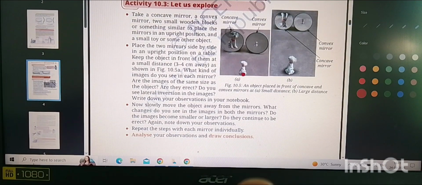In the case of a concave mirror, at a shorter distance it will produce an enlarged image, and at a far distance the concave mirror will produce an inverted image. And in the case of a convex mirror, it will produce a diminished image. That is, the size of the image will be reduced. And all these things you have to keep in mind.